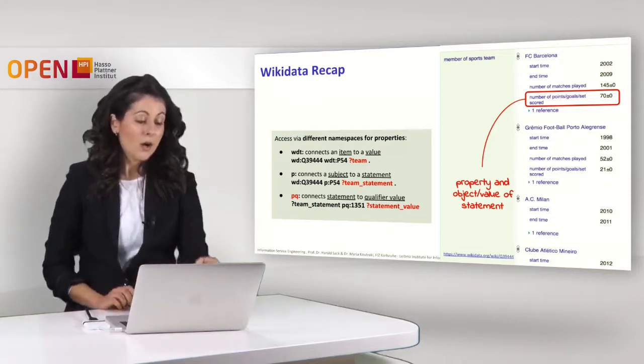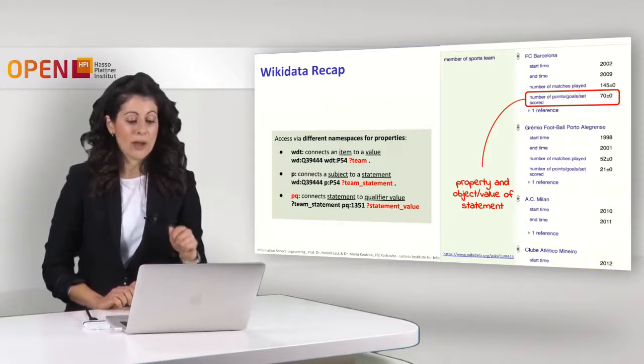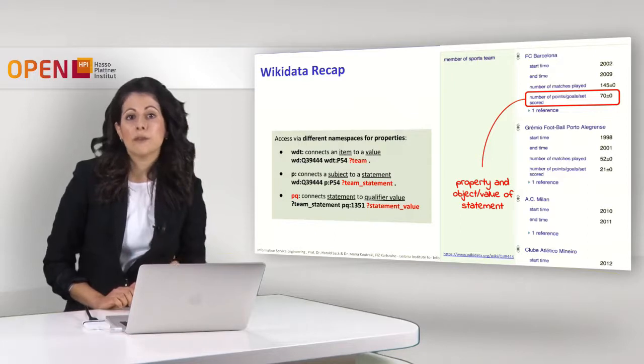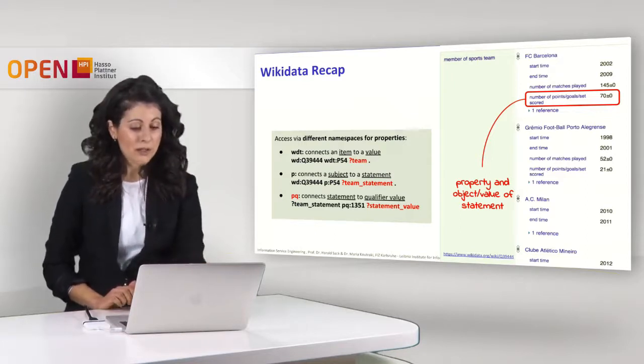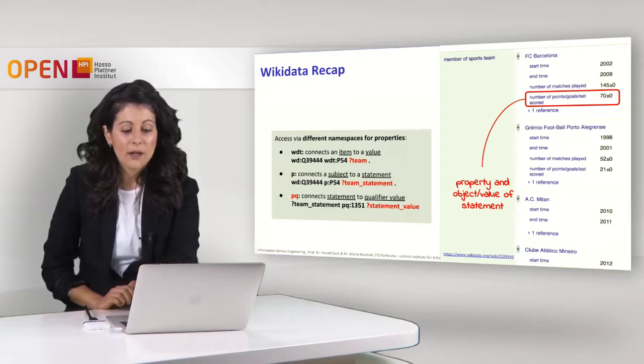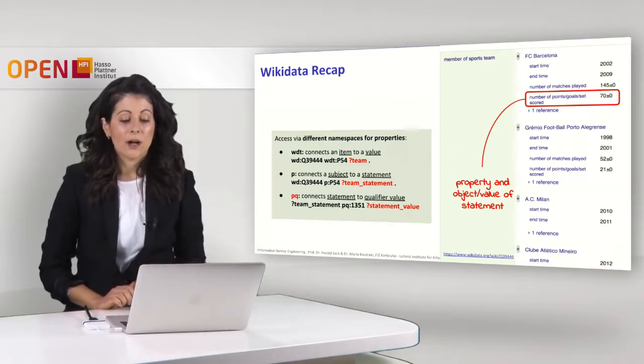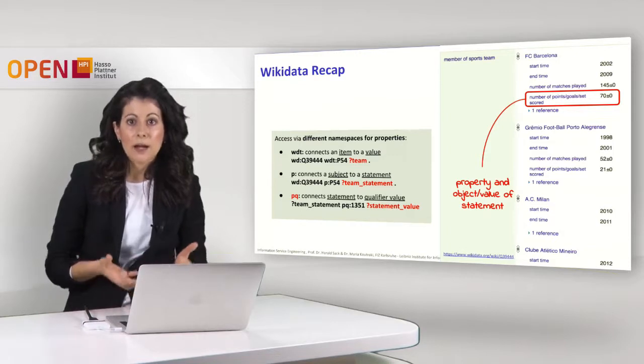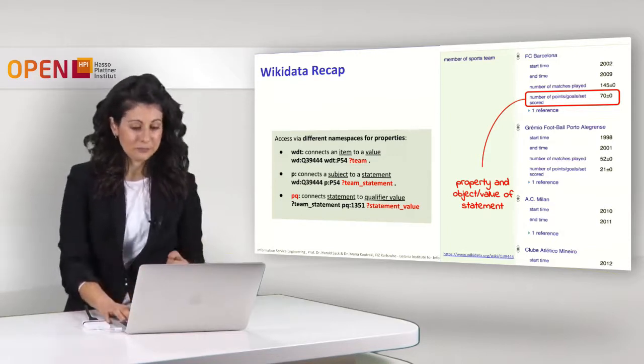So for that we are going to use the PQ namespace, which connects a statement to a qualifier value. So this is how we then have access to the number of points, goals that he scored there, which is something that we want to use in our analysis. So this is how we get it.